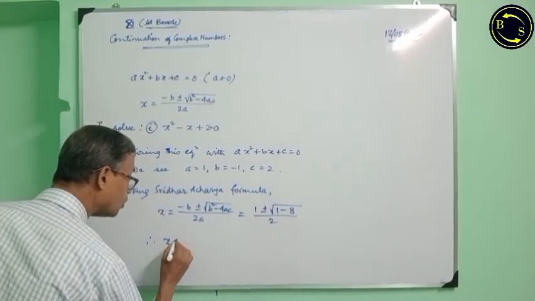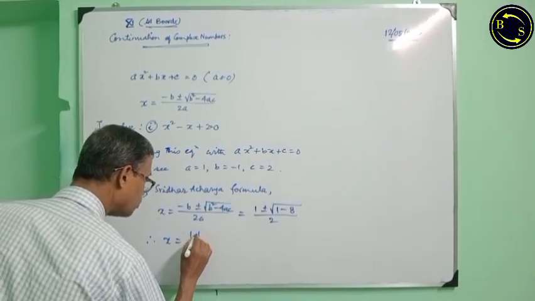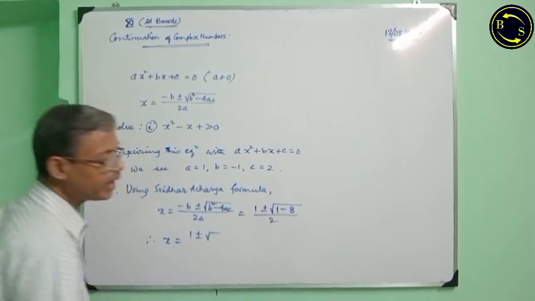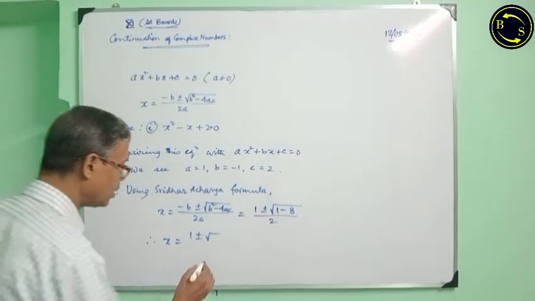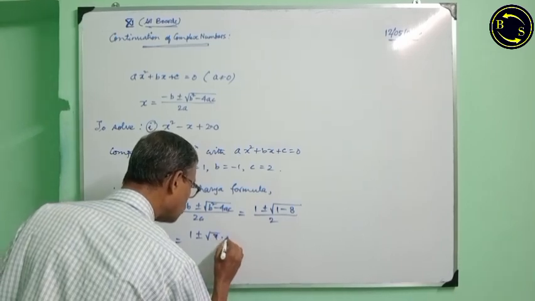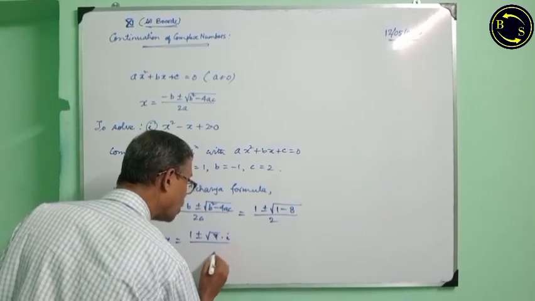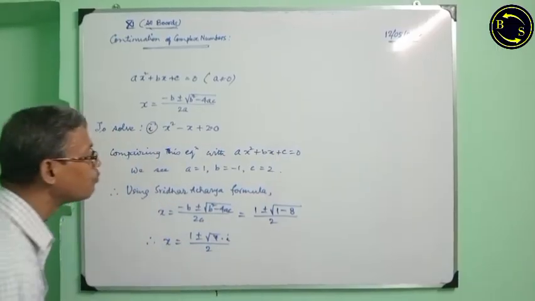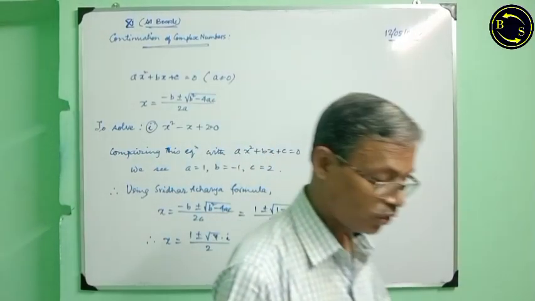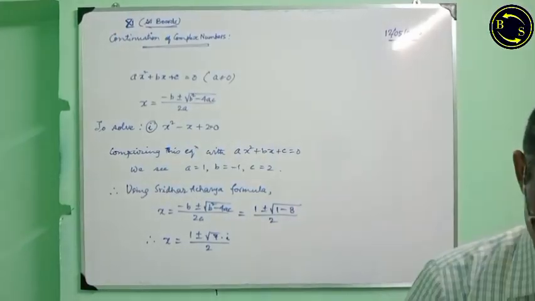Therefore, x is equal to 1 plus minus root over 1 minus 8, that is minus 7. Therefore, we can write root 7 into i by 2. 1 plus minus root over 7 into i by 2.